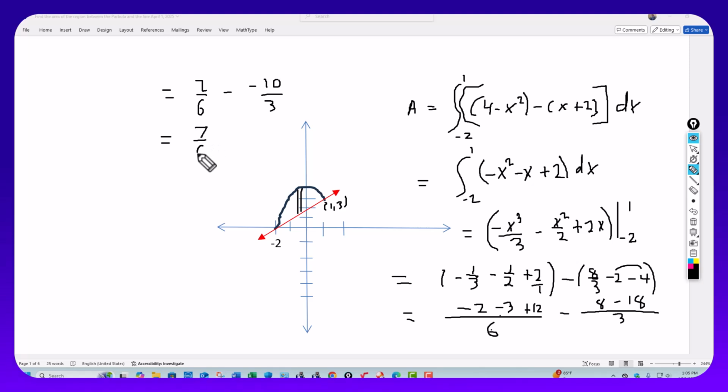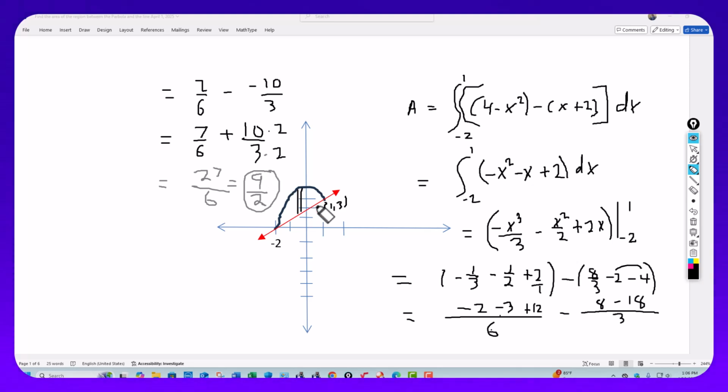You got 7/6 plus 10/3. Common denominator is 6. Let's multiply here by 2 and 2. So 7 and 20 will be 27/6. Reduce it down, divide by 3, we get 9/2.